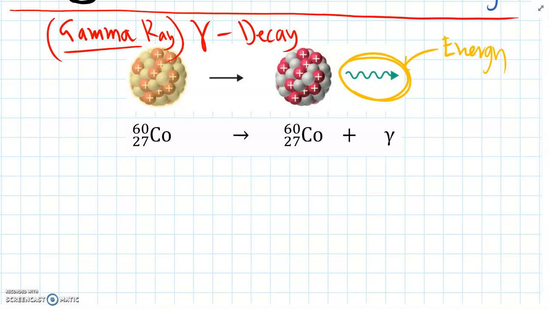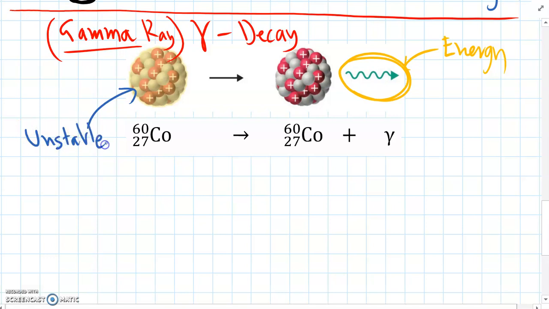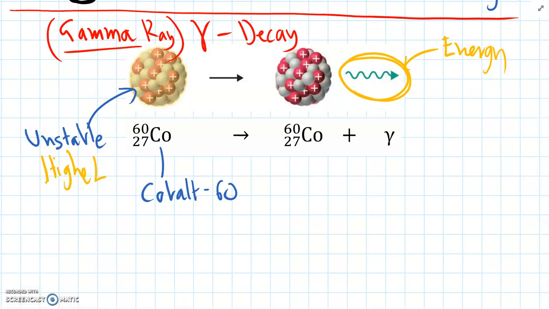So this type of radioactive decay, it happens when we still have an unstable nucleus again. So whatever this isotope is, here we've got cobalt 60. This nucleus is unstable, but it's at, we call it, a high energy.